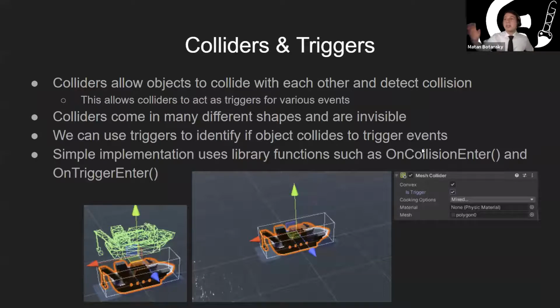Next up, to go with the rigid body, something that's very frequently used together, they blend in quite well, is colliders and triggers. Basically, what colliders and triggers do is they provide you a way to detect collisions between two objects, which is something that happens very commonly within every game that we play.